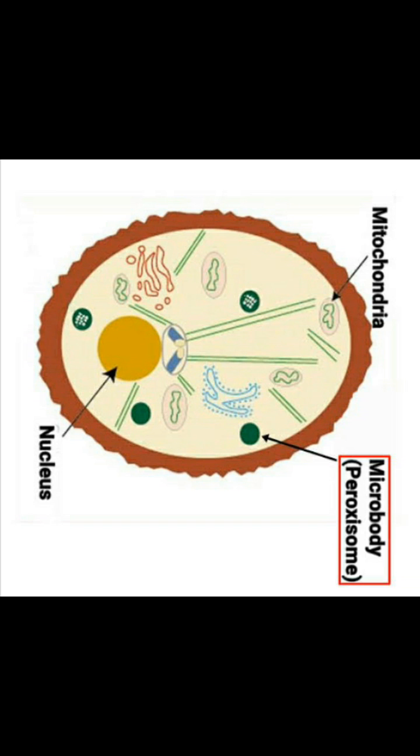They are membrane-bound minute vesicles. What are those? Minute vesicles present in the cytoplasm of the cell are called microbodies, and they contain various enzymes. Understand? They are present both in plant cells and animal cells.